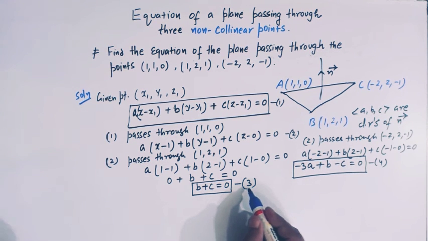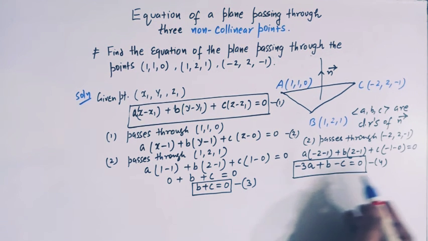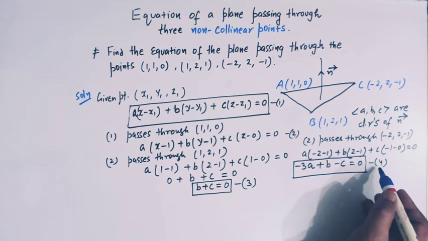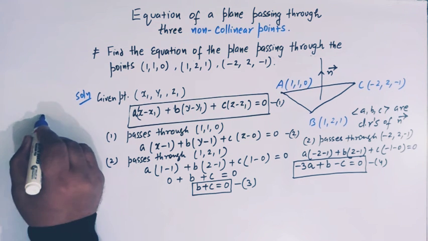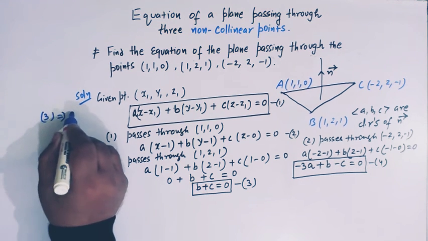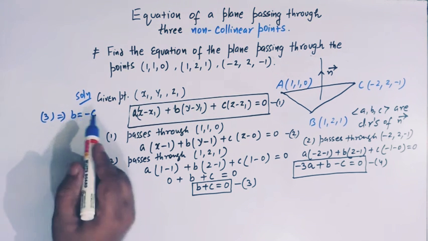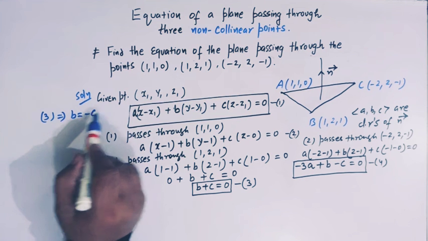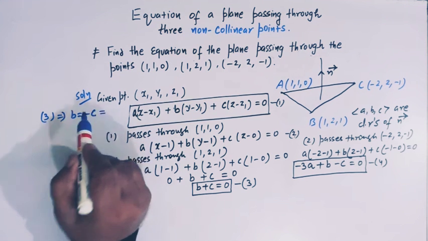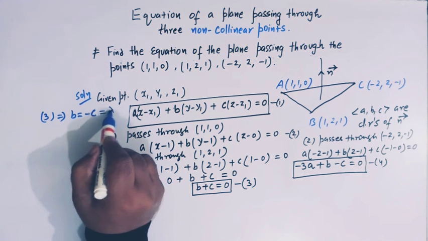Now we have to solve equation number 3 and equation number 4. So from equation number 3 we can write b = -c, and let us say b = -c = some scalar, say lambda.